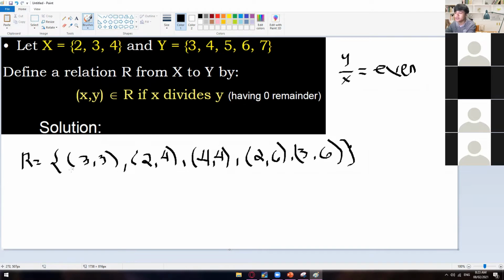So as you can see right here, we form 1, 2, 3, 4, 5 relations. So yeah, this is now our answer. Are we clear so far when it comes to forming a relation or set relation?